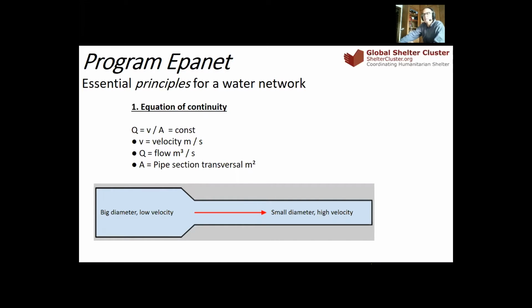But I think it's very important to understand that the same amount of water flowing in a big pipe has a lower velocity compared to the same amount of water flowing in a small pipe. So the Q stays always constant in a pipe, but the speed, the velocity of the water, might change.